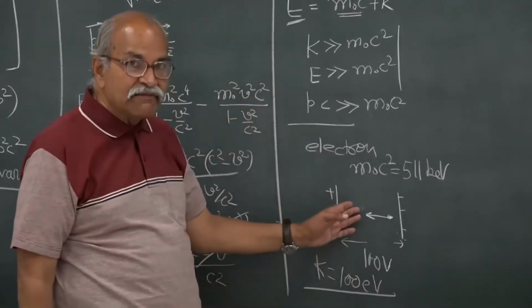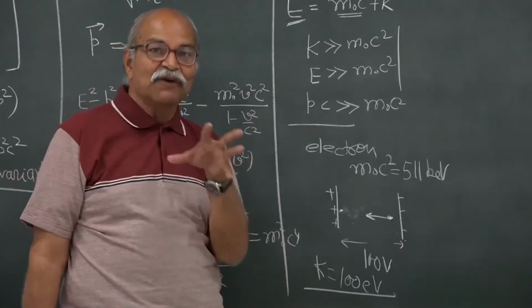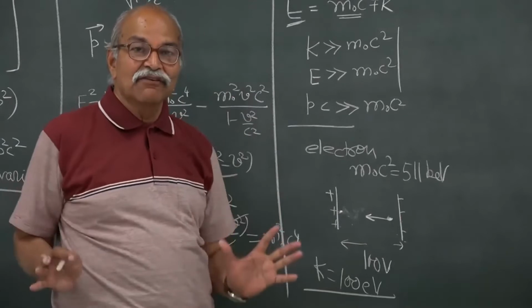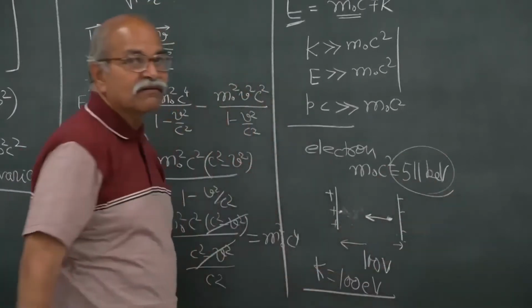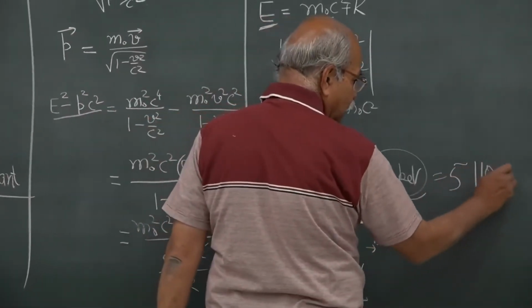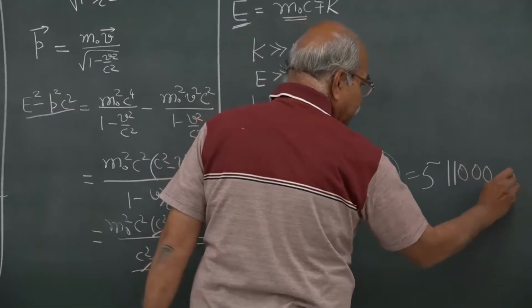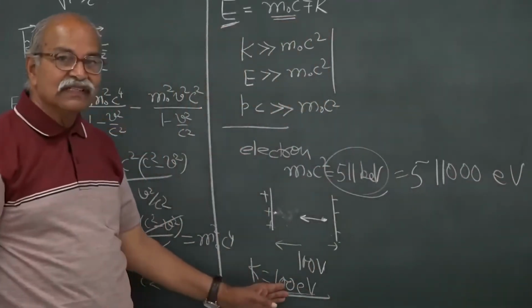Should I apply relativity? Unless I am doing very sophisticated measurements with a lot of accuracy, no. The rest mass energy is 511 kilo electron volt, so this is 511,000 eV, and this is 100 eV.